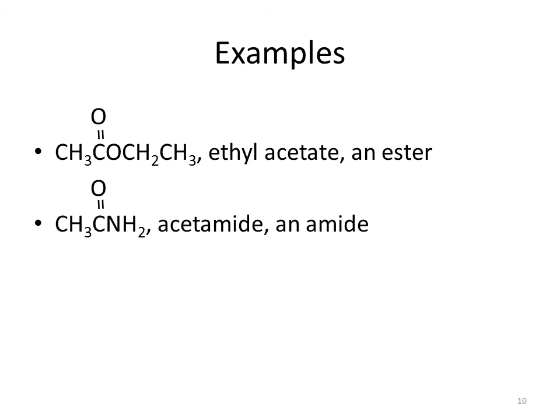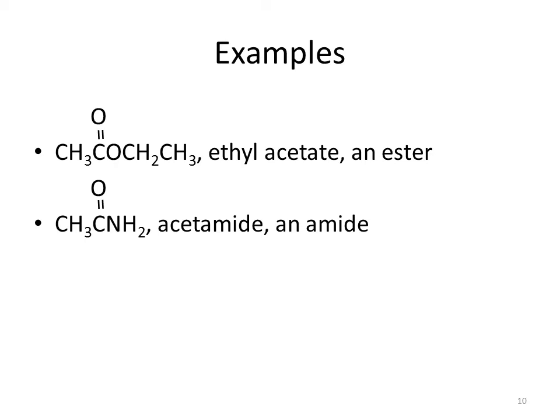Here is an example of an ester and an amide. The ester looks like a carboxylic acid, but you can see there's a carbon chain there instead of a hydrogen attached to the oxygen that is singly bound to the carbon. So this particular ester is called ethyl acetate because it has an ethyl group attached to that oxygen.